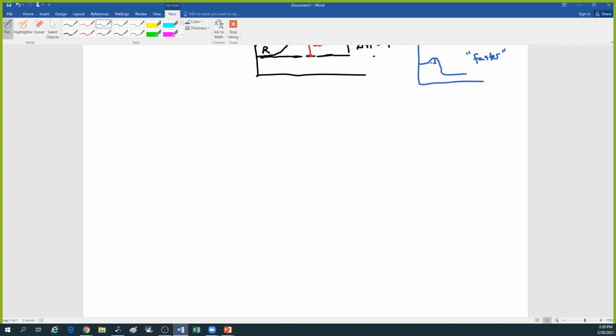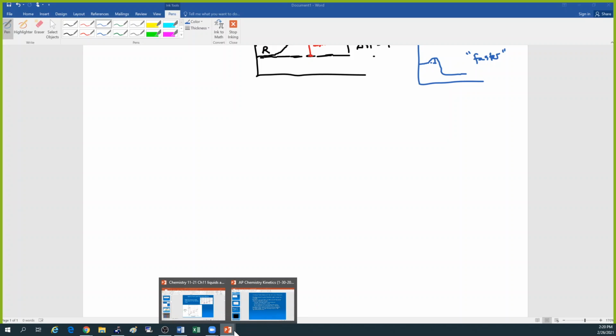In fact, the whole point much of the time of finding out the rate law of a reaction is to see if our mechanism is right or wrong. We can actually assess the molecular collisions and if our theory makes sense based on the actual experimental kinetics of the reaction. And that's what I'm hoping to kind of clarify with you today. So let's see what that looks like.